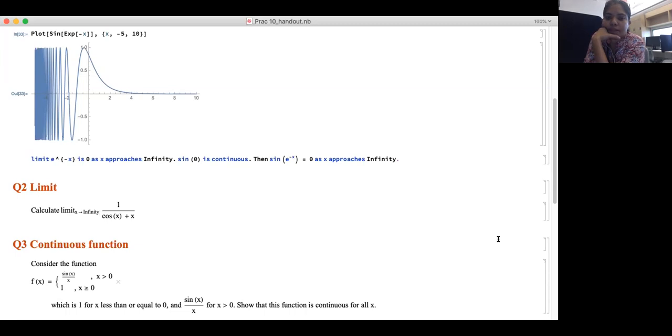Anyone? Zero. Why? Thanks, Yukun. How would you approach it? Like it's 0. Why is it 0? How do you prove this?